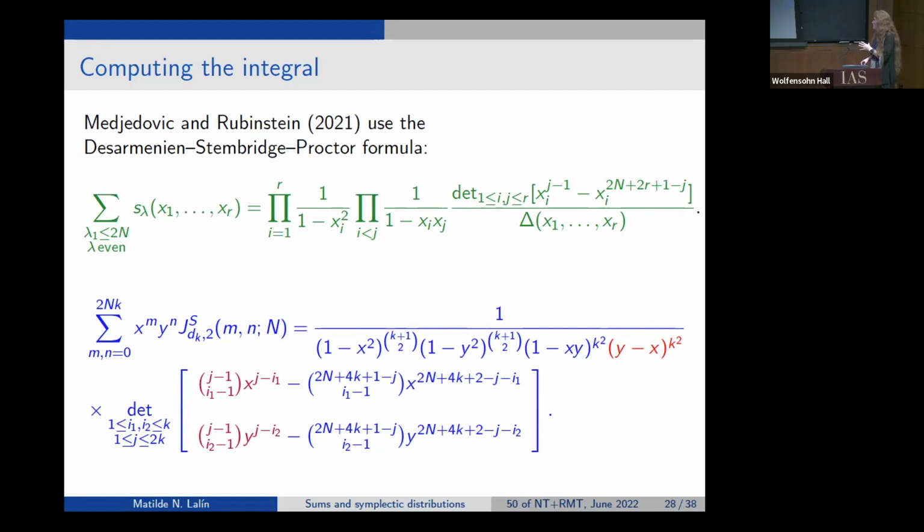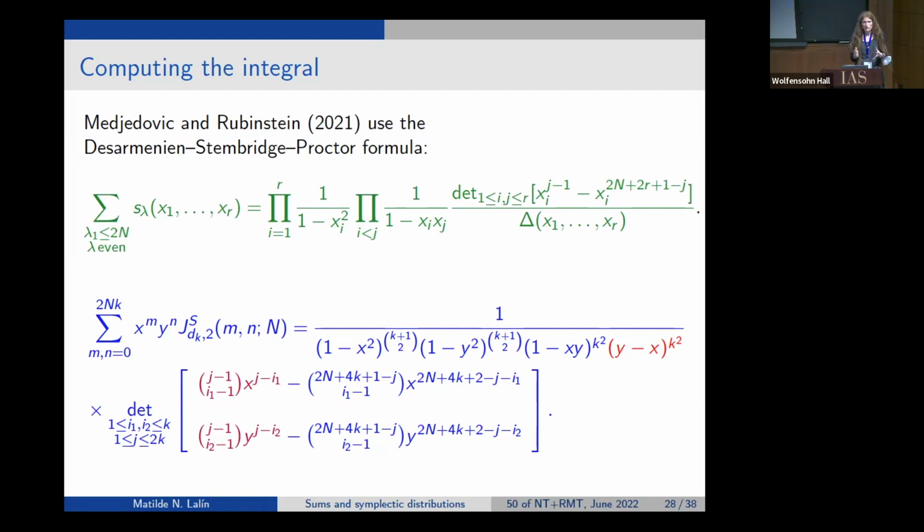I want to bring attention to a couple of things here. One is that there is a term here, y minus x to the k squared. That term comes from the fact that we are still keeping two variables because we have a square in the integral.